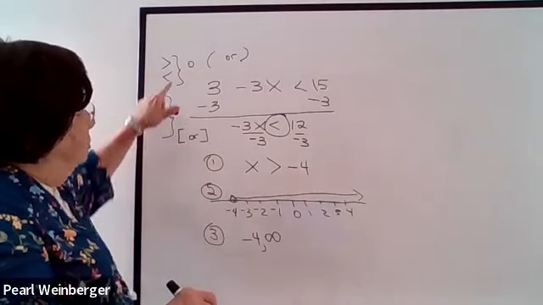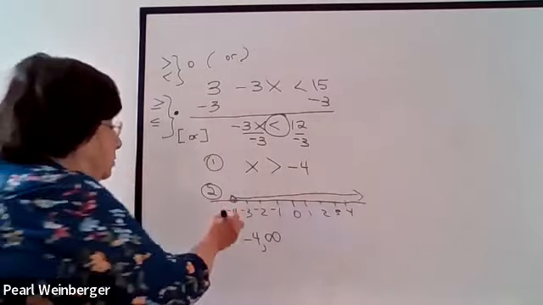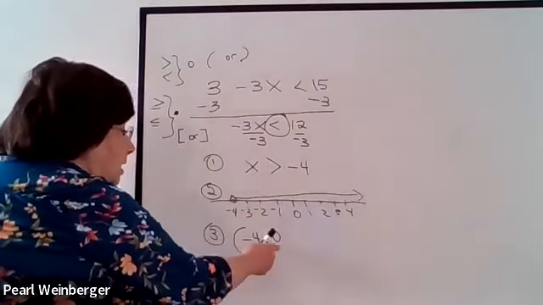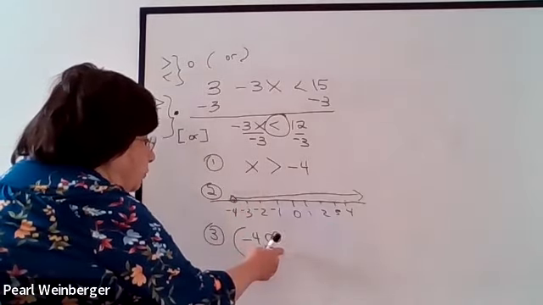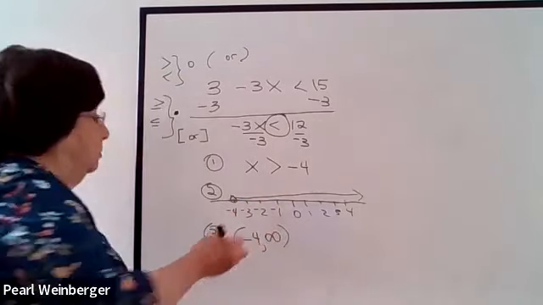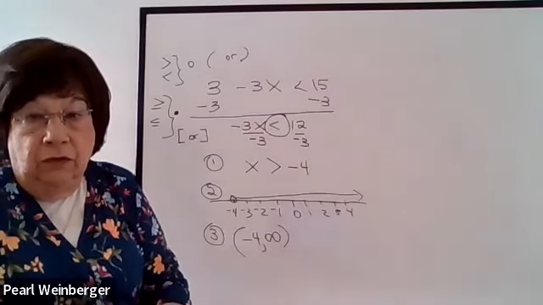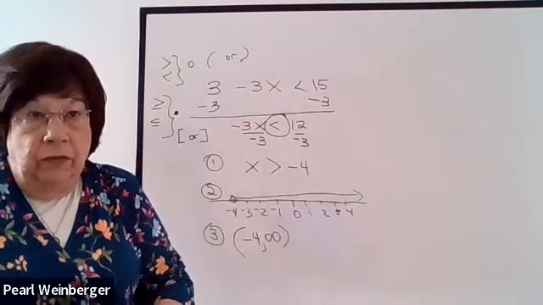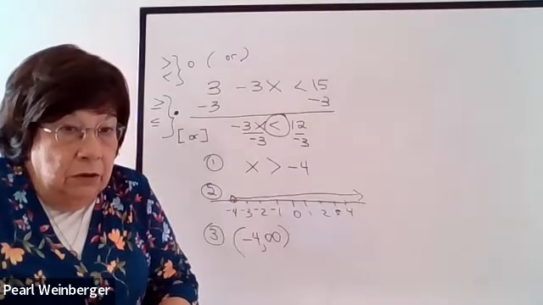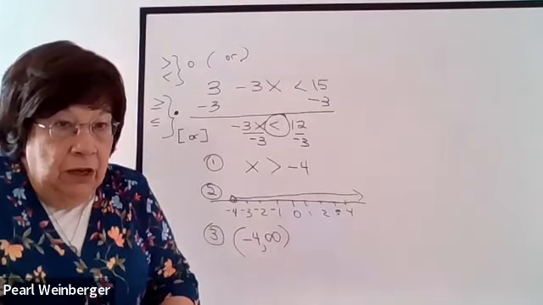In this case, we're going to be using parentheses because this is an open circle. When it comes to infinity, you never use a bracket with infinity. That always has to be a parenthesis. So here's your answer in interval notation. Is this clearer now? Are we okay with this?